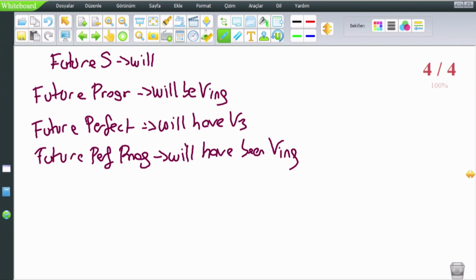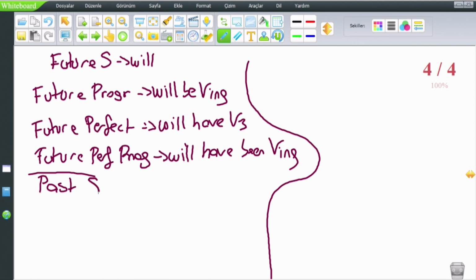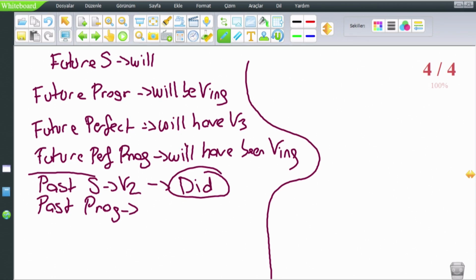Let's go on with the past ones. Past simple, we use verb 2, and our auxiliary verb is did. In past progressive, we use be, verb ing. In this case, it is was, were.